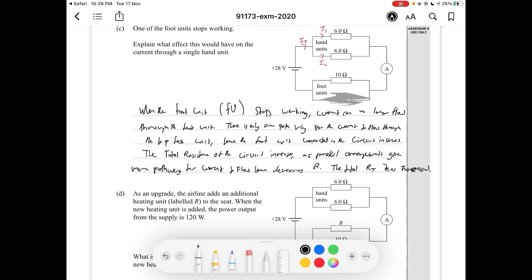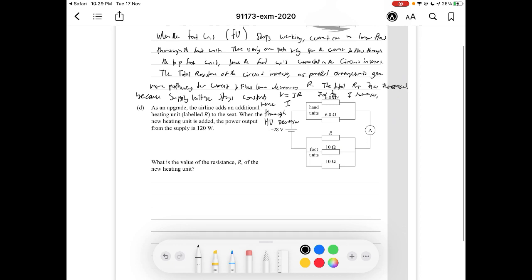Okay, so the total resistance has increased, and then we can say that because the supply voltage stays constant, V equals IR, so you can say that I is inversely proportional to R, so I decreases, and hence the current through the hand unit decreases. Sorry, I ran out of space a little bit, it's okay. So hence the current through the hand unit will decrease. So that should just be another merit level question, okay?